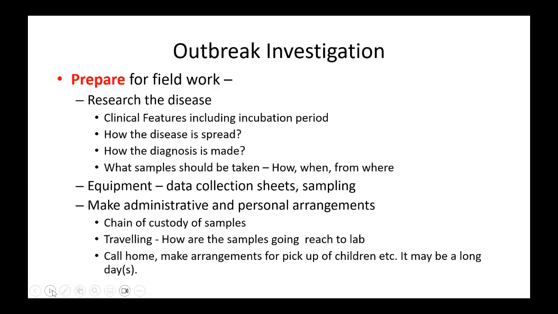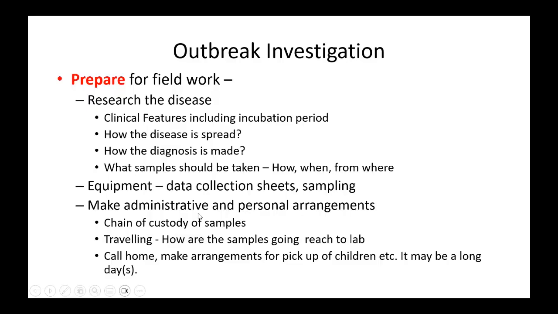Then we need to make some administrative and personal arrangements, such as how we're going to handle samples. Because in, say, a foodborne outbreak, we have to have custody of the sample from where we purchase it or where the incident happened to when the results come back. Because if it's incriminating, then nobody wants that on their watch.